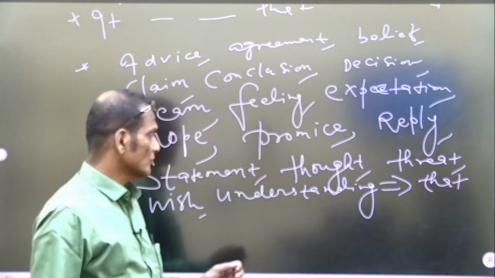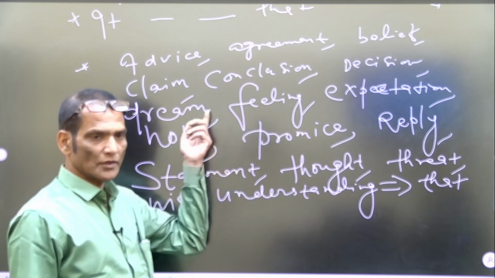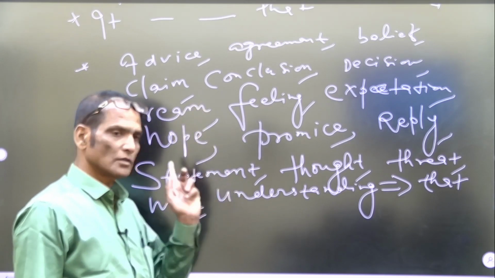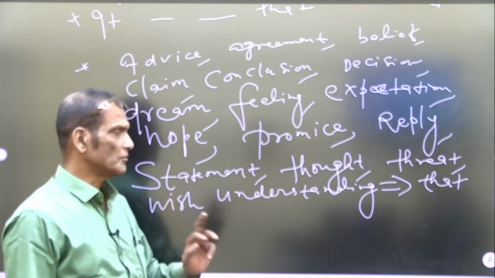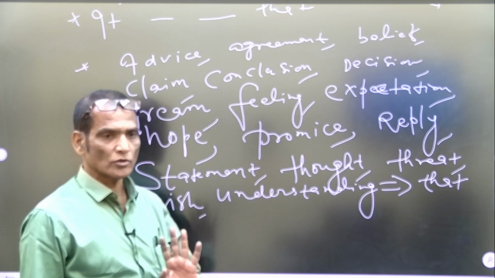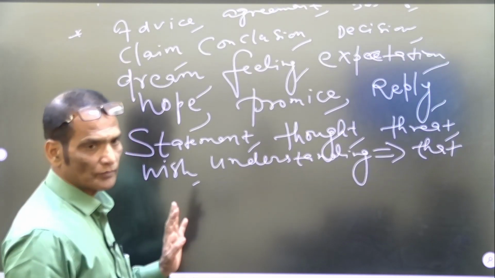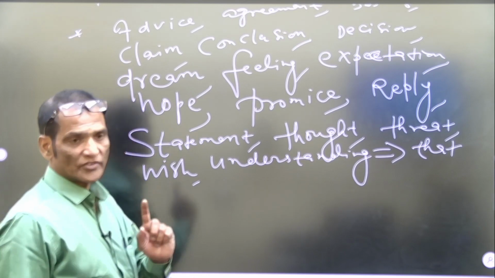It means if the first sentence, you mean if the principal clause, has any one of these nouns, then the subordinate clause will be started with that, not with any other connector. This is what I am teaching you. Listen again.